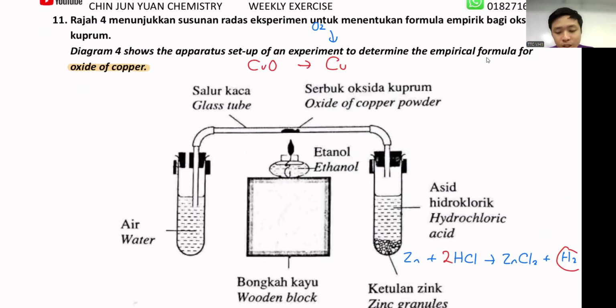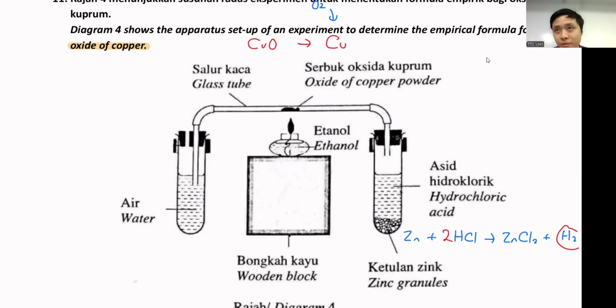It means if the oxygen gas simply enters, it's very easy to react. Then maybe some of the copper will go back to CuO. Do you want this to happen? No. You only want the final result, which is Cu. So you have to prevent the copper from being oxidized by the air and turning back to CuO.